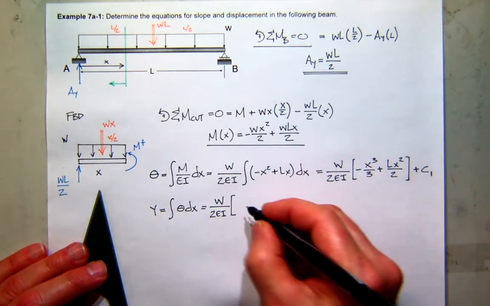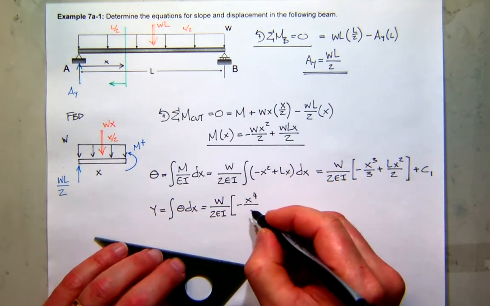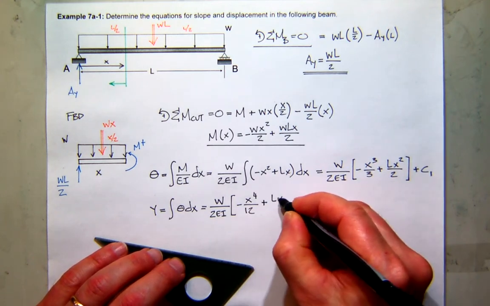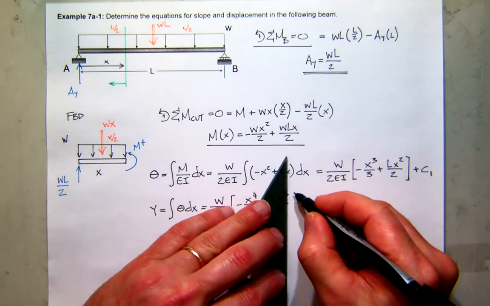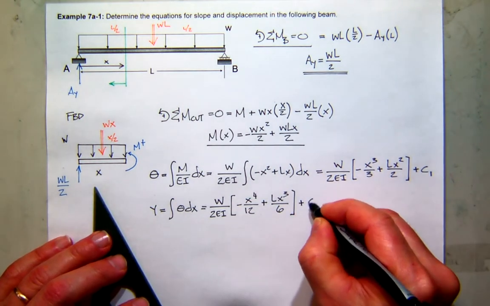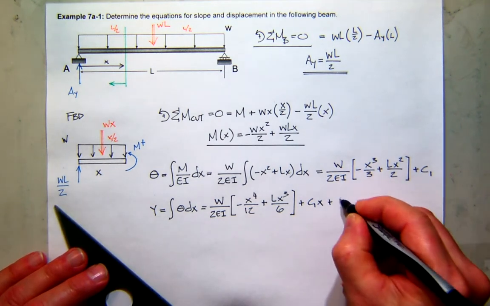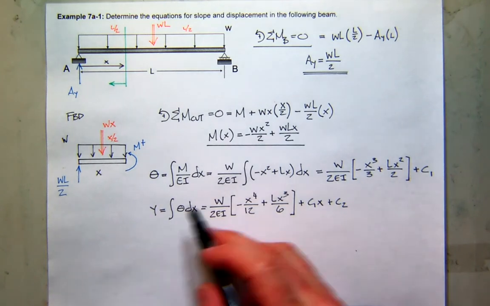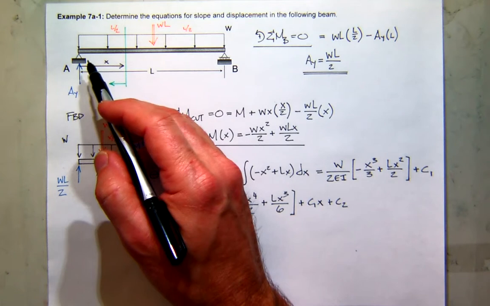So the integral of this becomes minus x to the 4th over 12 plus Lx cubed over 6. C1's a constant. I integrate that, I get C1x. And then, of course, I generate another integration constant, C2. So now I've got an equation for displacement and two constants. But I've got two things to match it to, right?